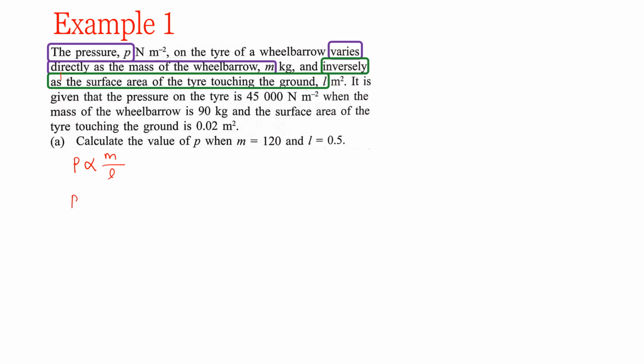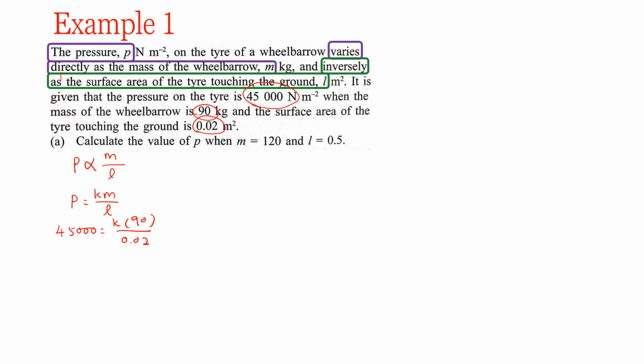So P equal to K, a constant, M over L. Then you substitute the pressure 45000, the mass 90, and the surface area 0.02 into this equation. 45000 equal to K, the mass is 90 and the L is 0.02.